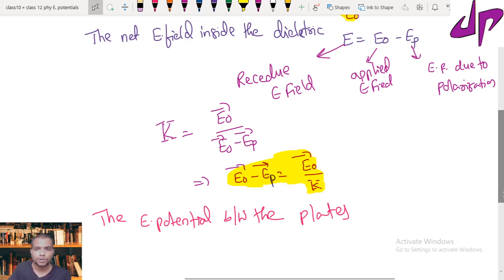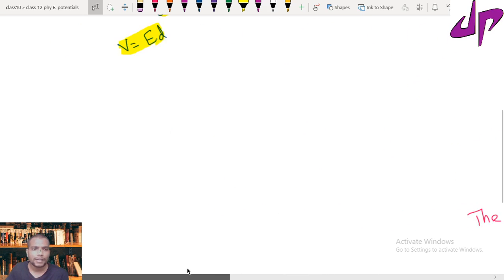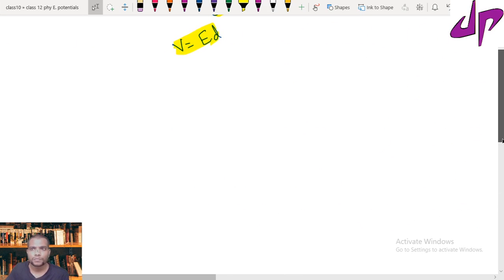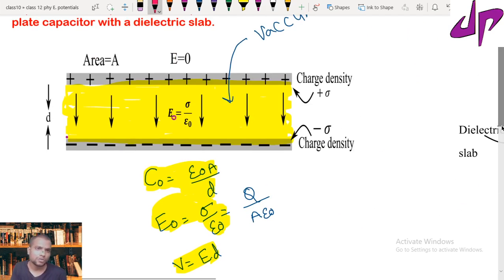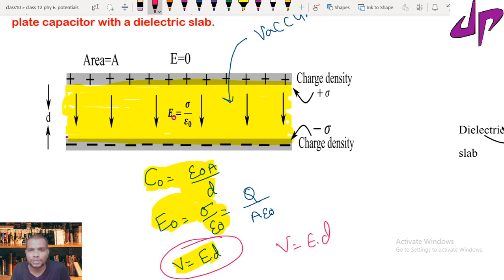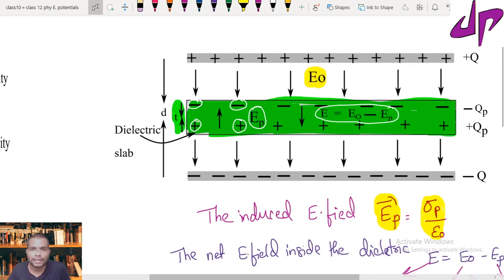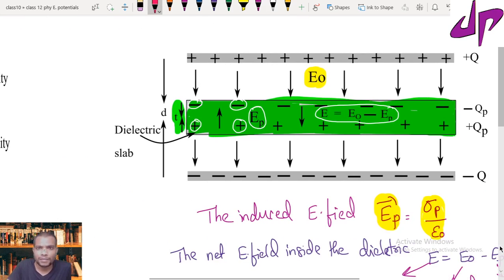So we know the electric potential and electric field relation. Without the dielectric medium, the potential V equal to E times D. Now after keeping the dielectric, here the two electric fields are there: the electric field due to the external positive plates, and the electric field inside the dielectric medium.